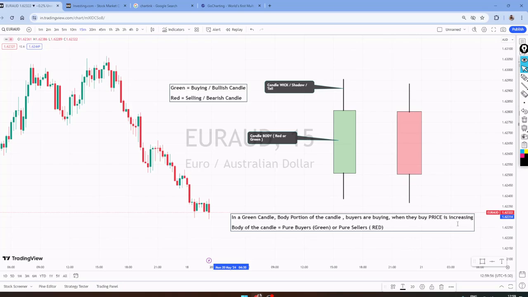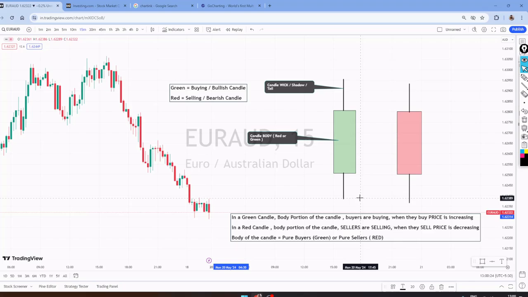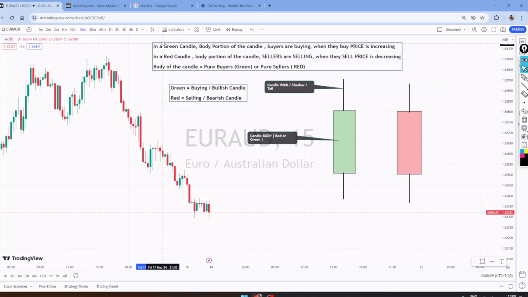Okay, so in a red candle, body portion of the candle, sellers are selling. When they sell, price is decreasing. Okay, just try to understand this. Watch this video maybe twice, so you'll get some idea. So now in a green candle, buyers are buying. In a red candle, sellers are selling.